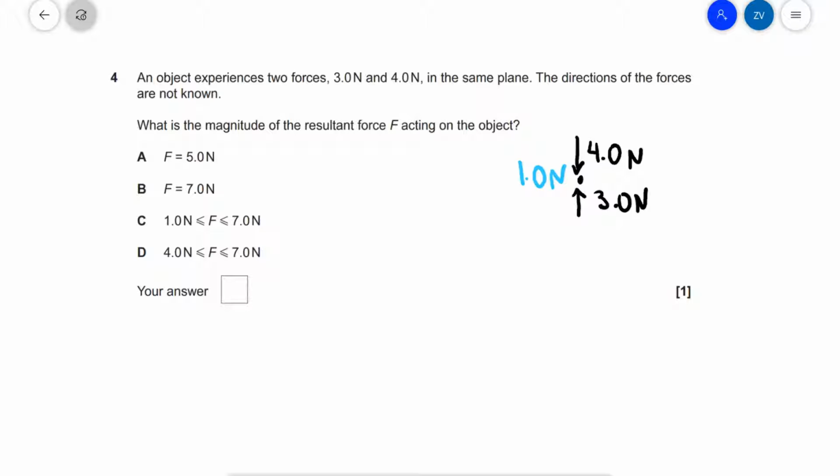However, if they're acting in the same direction, so we can have 4.0 newtons acting this way and 3.0 newtons acting in the same direction, then the resultant would be equal to 7.0 newtons. Of course, if they're orientated at an angle, you could also have any value in between. But in this case, the correct answer is C.